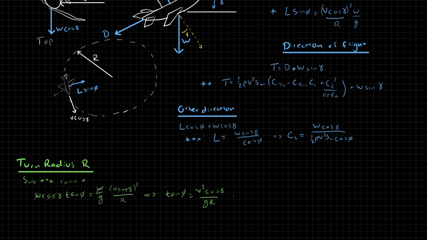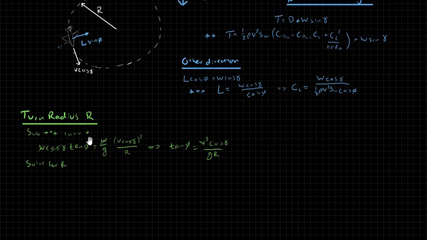And then if we solve this for R, R comes out to be that R equals V squared cos gamma divided by g tan phi.